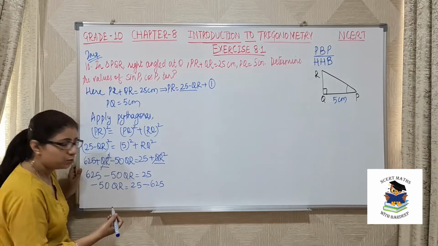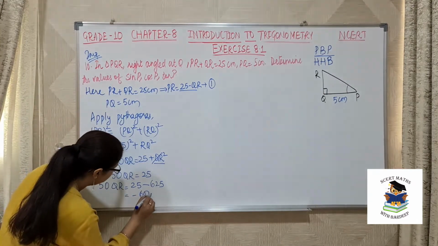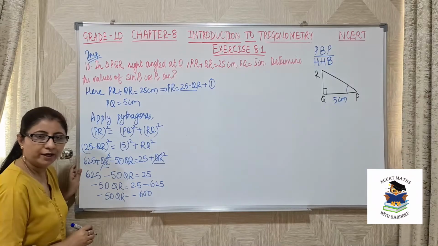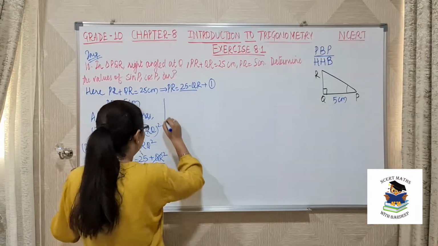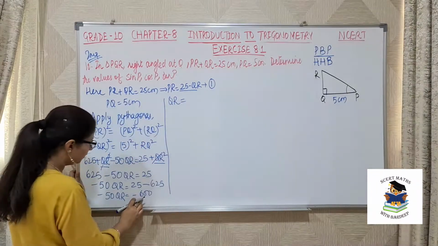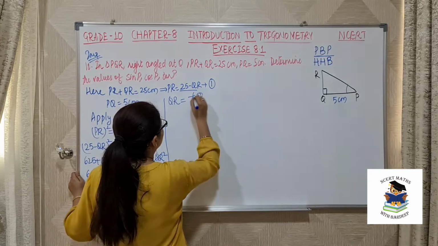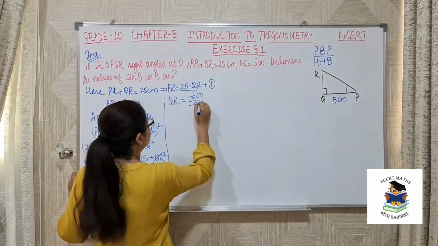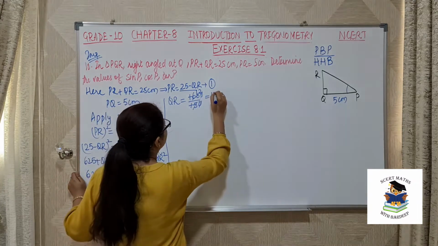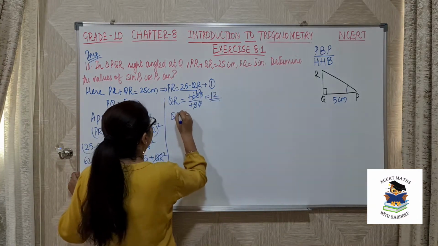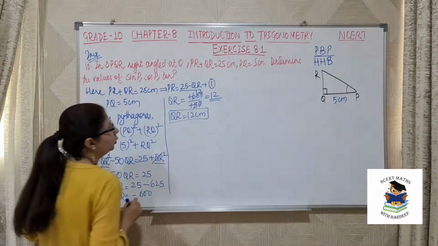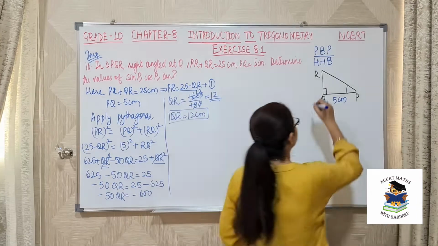So 25 minus 625 will be minus 600. And on this side, this is minus 50 QR. So we can find the value of QR now. So QR is minus 600 over minus 50. So minus minus is cancelled, 0 0 is cancelled, so 12 5s are 60. We got QR as 12 centimeter. Okay, so QR is 12 centimeter.